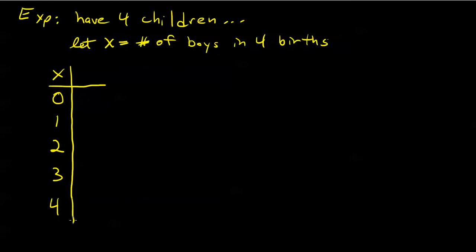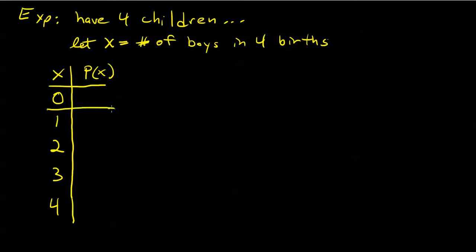So there's 5 possible values for x in this experiment, 0 through 4, the integers 0 through 4. Now I'm going to want to distribute the probability amongst all possible values of x. In other words, create a probability distribution.